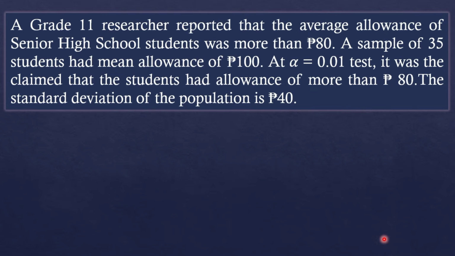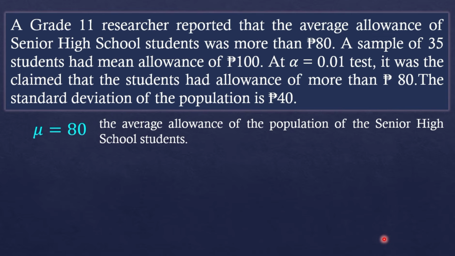At alpha level, the claim is that the students had an allowance of more than 80 pesos. So here, from the statement, yung 80 pesos natin, that is the population mean. That is the average allowance of the population of the senior high school students.